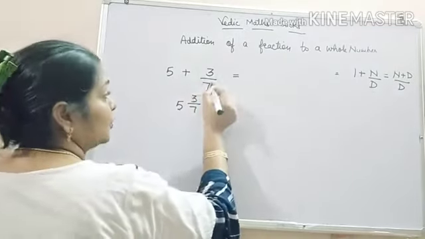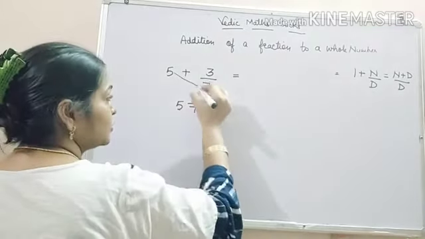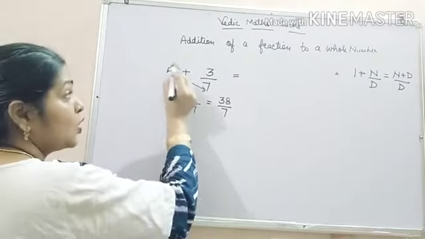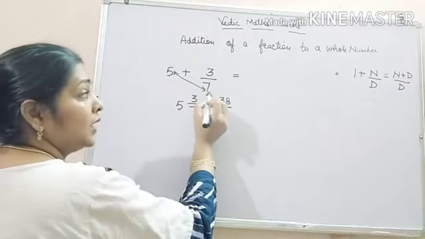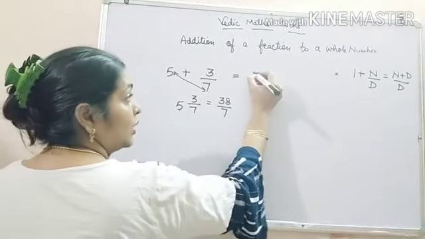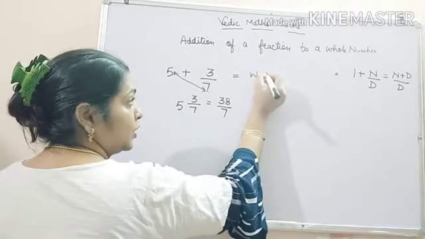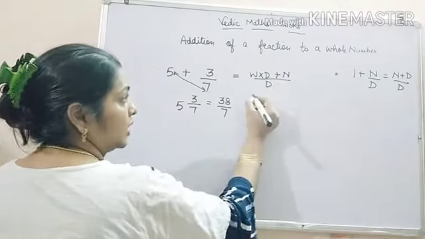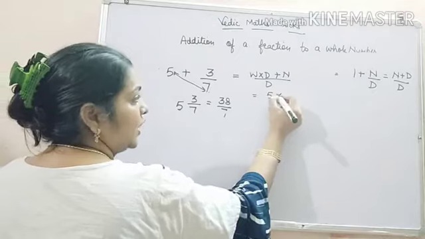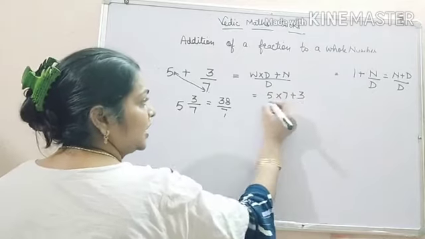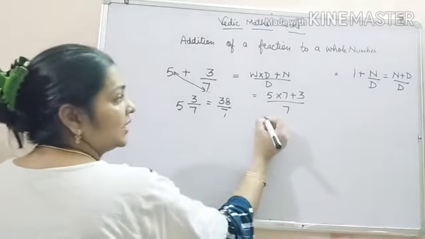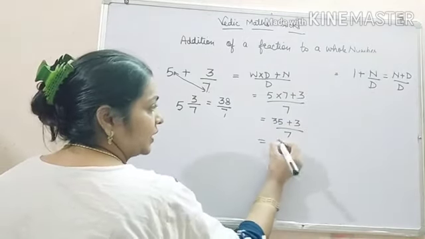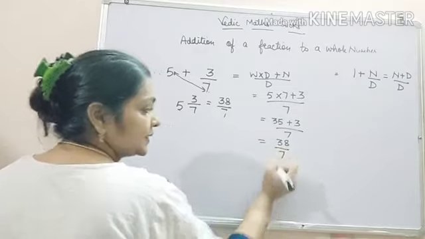What you have to do, you have to cross multiply these two numbers. That means whole number into denominator, plus numerator, upon denominator. Whole number is 5 into 7 plus 3 upon 7. That is 35 plus 3 upon 7, 38 by 7.